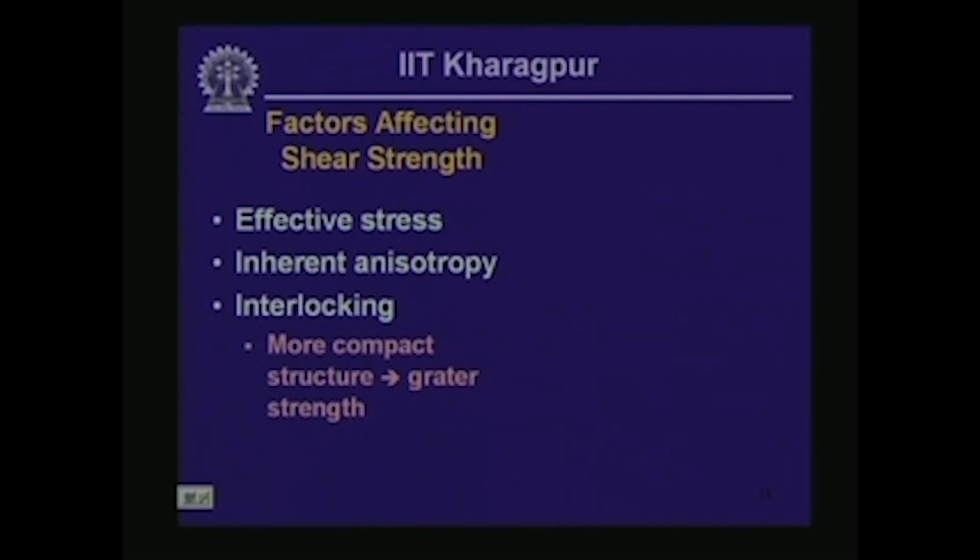As we have seen, the more compact the structure, the greater the interlock, and there will be dilatancy, and what we are going to get is a larger strength in comparison with a comparatively looser assembly.